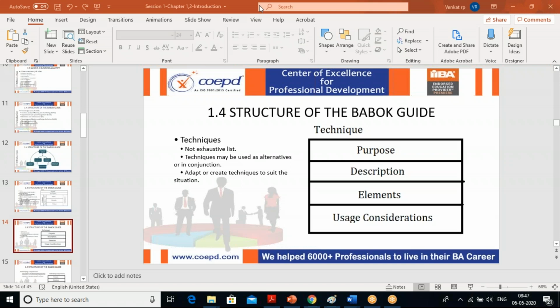If you look into the structure of a technique, initially we find the purpose, why we are doing this particular technique, and the description, how we are going to do this. Then elements, that means what the phases or the procedure of doing it are.